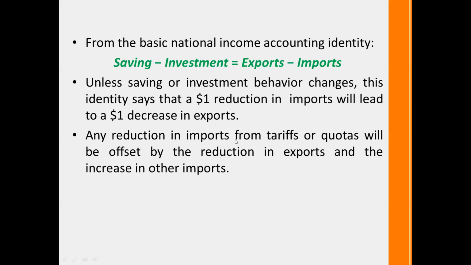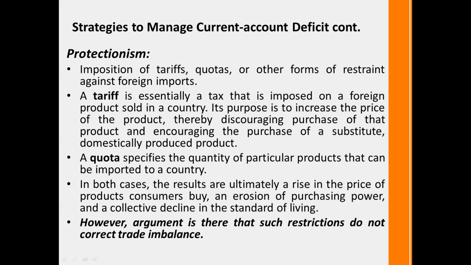So any reduction in import from tariffs or quotas will be offset by a reduction in export. That is why economists argue that controlling imports in order to manage the current account deficit does not give effective results.